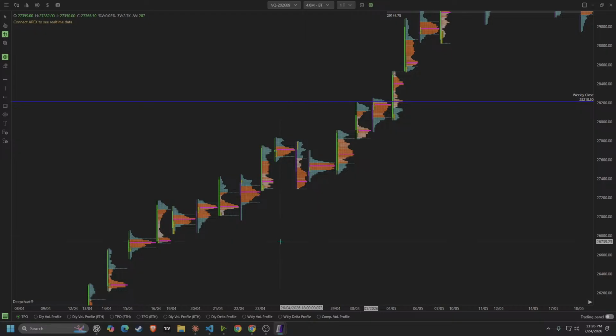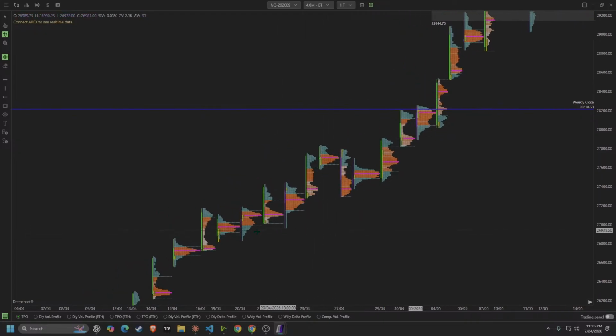We see a lot of uptrend, but what I see down here is we spent 2 days where this was the point of control. This is the value area high.